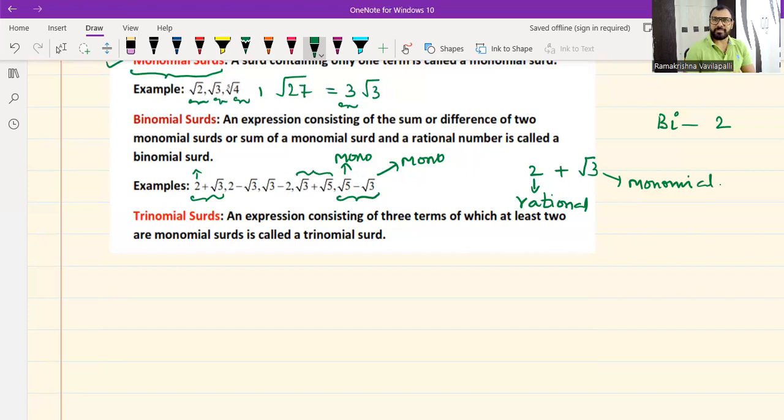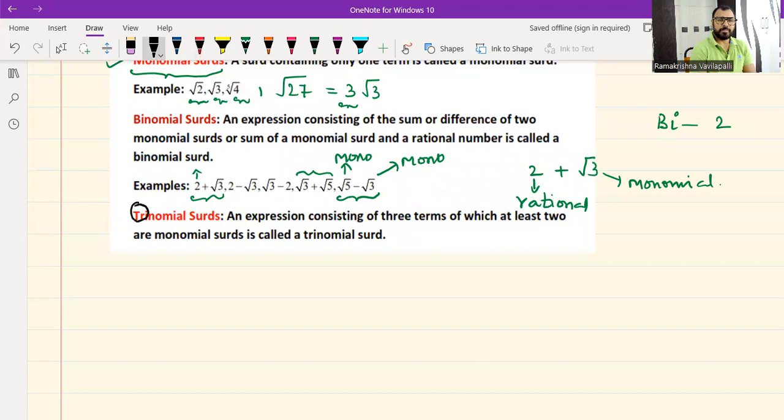So a binomial surd is a sum of two monomial surds, or a sum or difference of one monomial surd and one rational. What are trinomial surds? Tri means three.